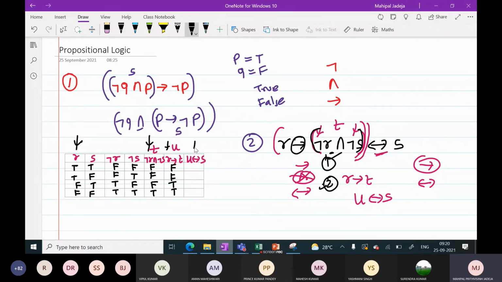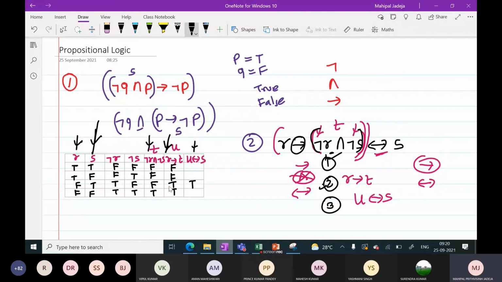Now the last part is remaining, which is U double implies S. So now I need to focus on column number 2 and column number 6, correct? What I need to check is, if entries are same, both true or both false, then I will write down true.